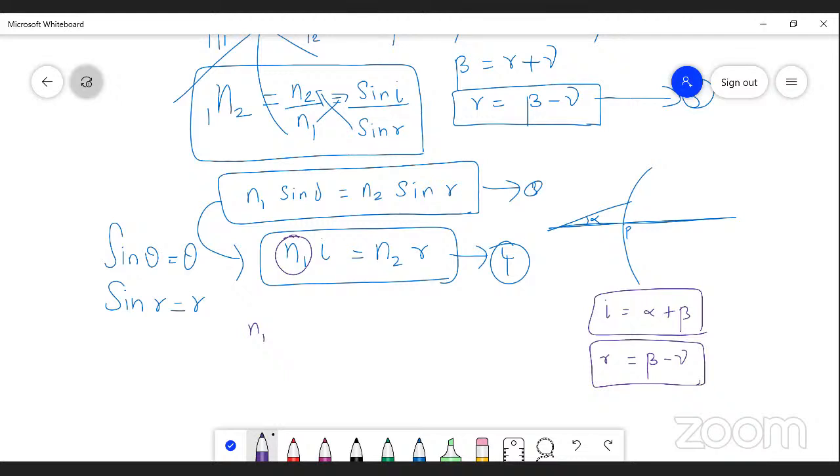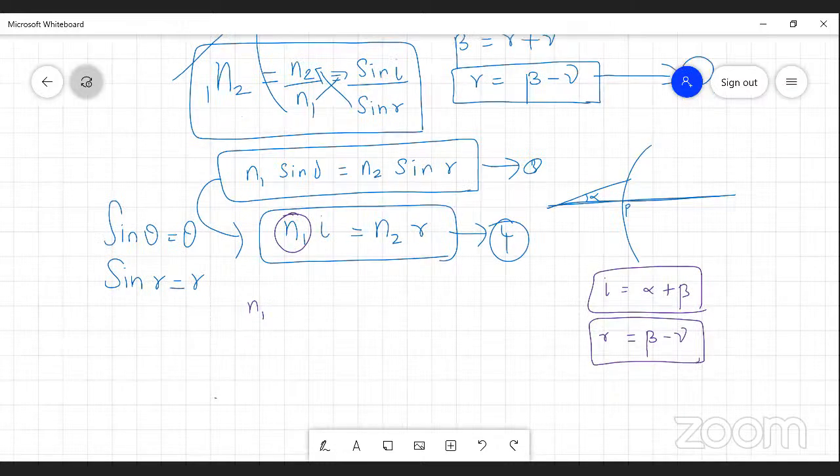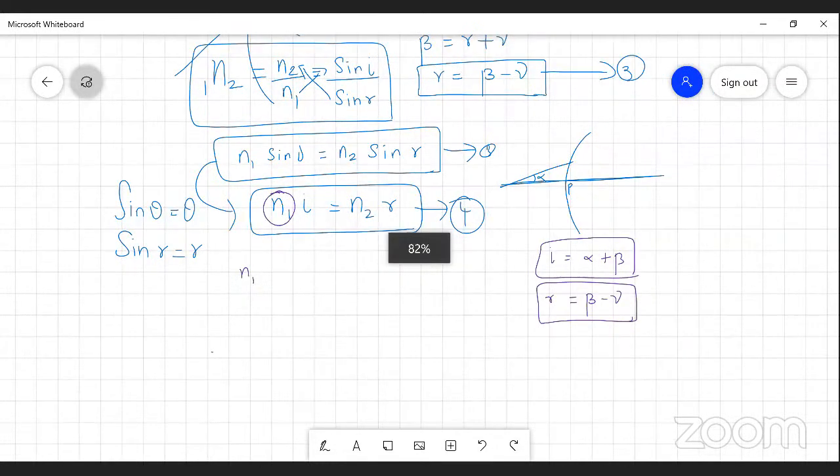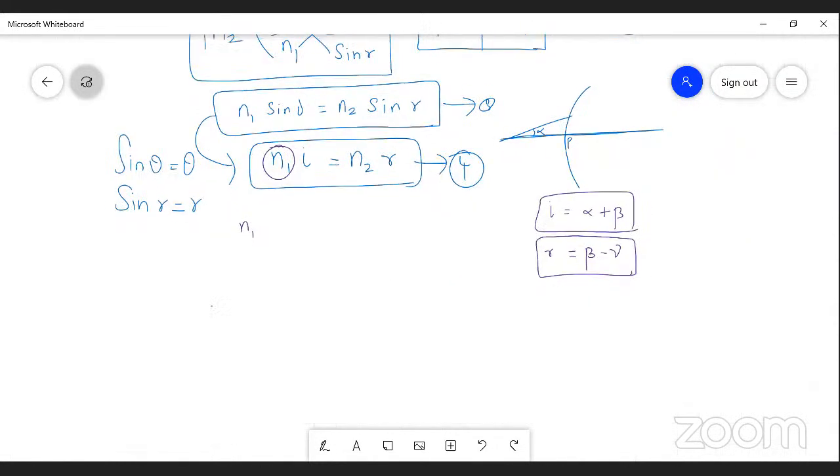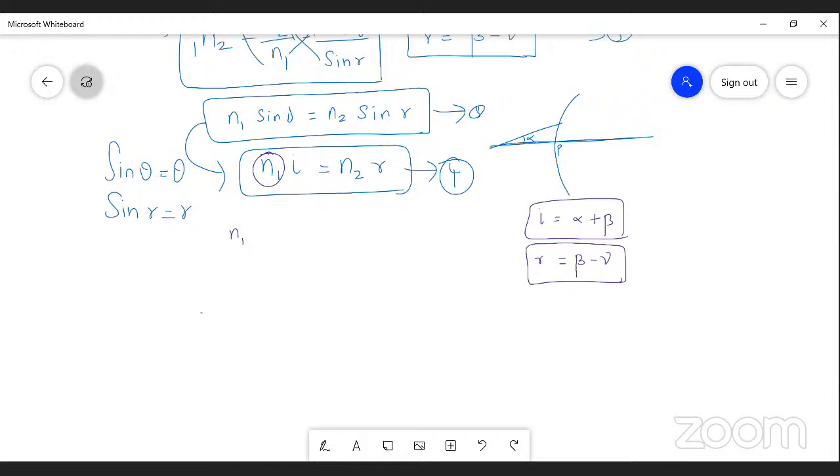These values are substituted in equation number 4. N1 into I, where I is alpha plus beta: N1 of alpha plus beta is equal to N2, the refractive index of the second medium, into R, where R is beta minus gamma.